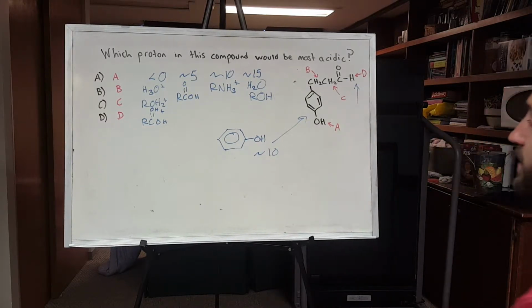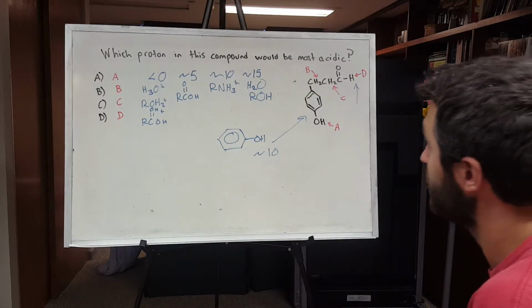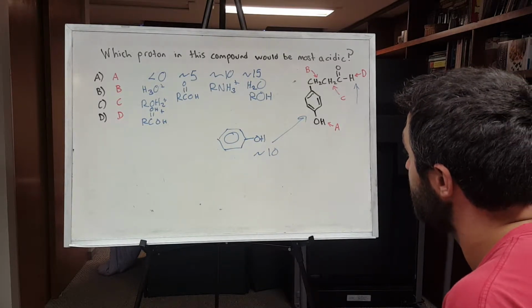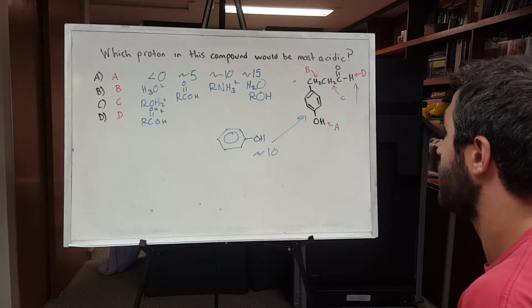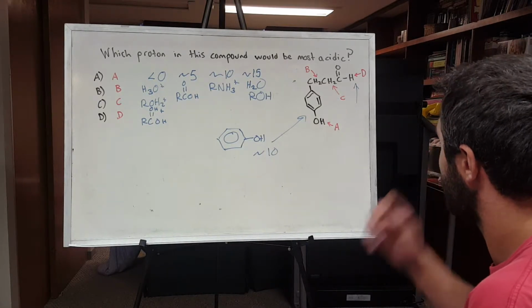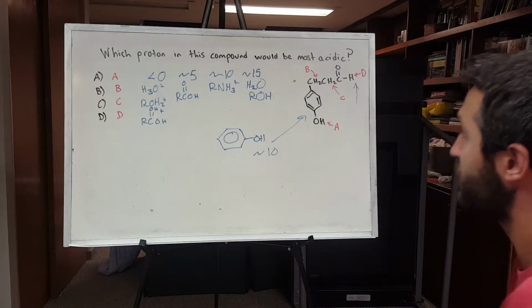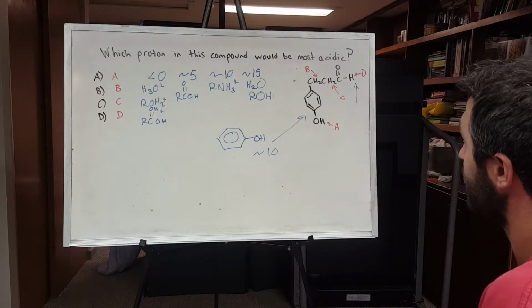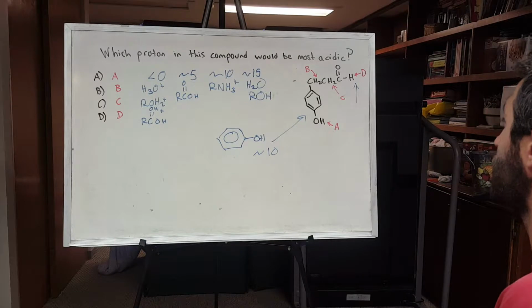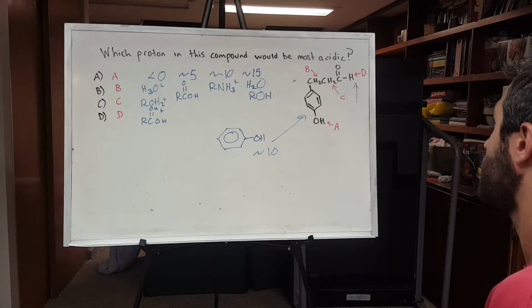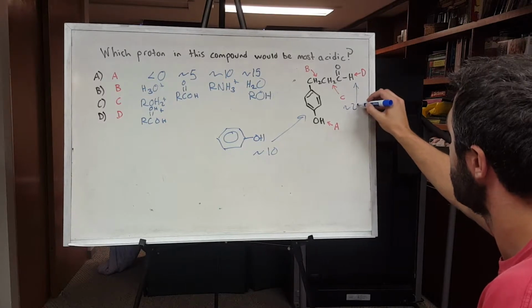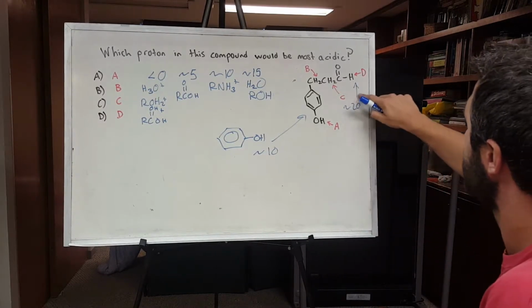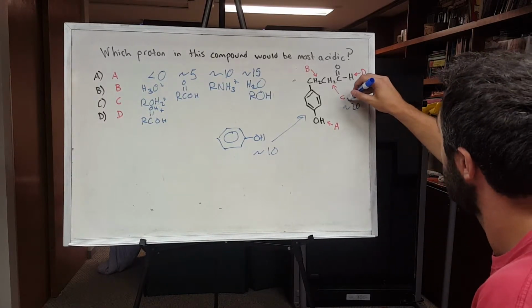We did see lots of examples in, I think, chapter 18 of the alpha carbon being acidic. So you kind of need to know the relative pKa's of alpha carbons. Generally, this one is probably around 20, the pKa.